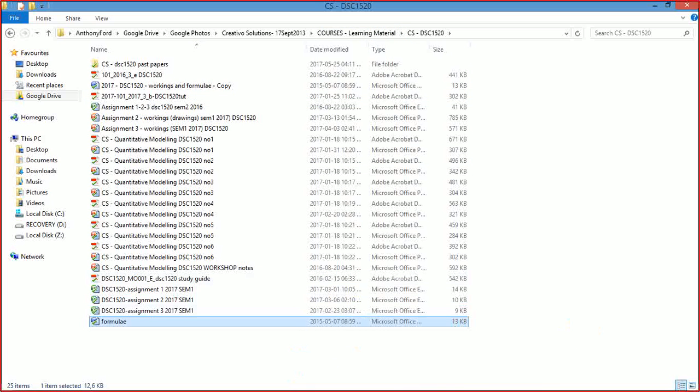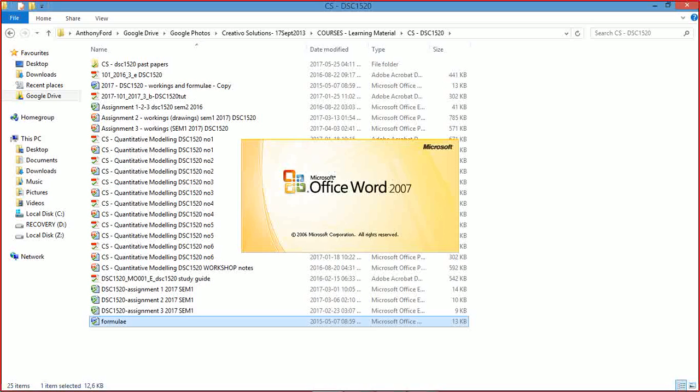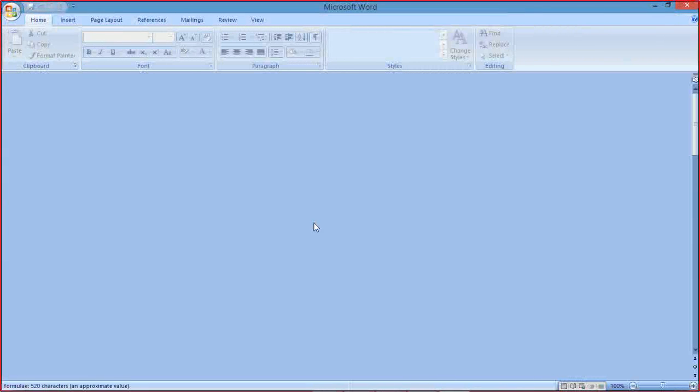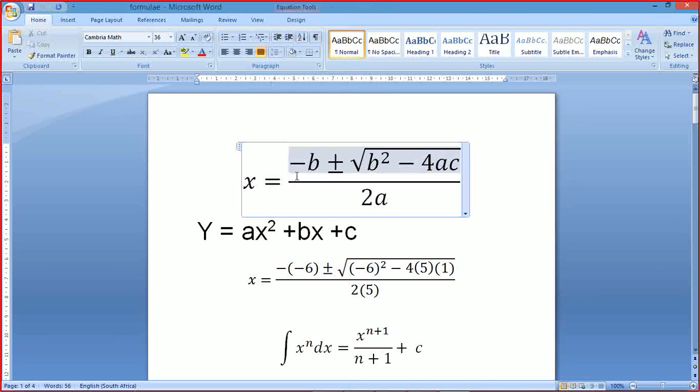Finally. Alright, so just to show the equation, the quadratic formula looks like this. If you don't know how to factorize, then you can just use that. Minus b plus minus square root b squared minus 4ac over 2a, that's an option if you can't factorize.